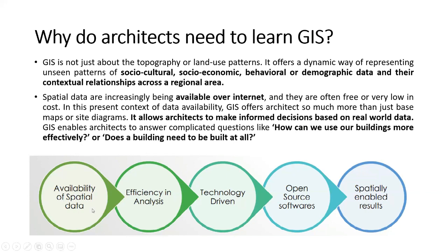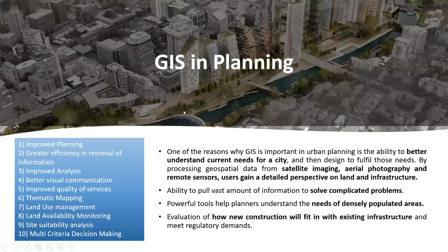Availability of spatial data, efficient analysis, technology driven. Now, whatever decision we are taking is supported by the technology. Open source software. Some of the software is open source while some is proprietary. QGIS is a very good and highly efficient open source software which we can use, and the results are spatially enabled. How can GIS be integrated with planning?